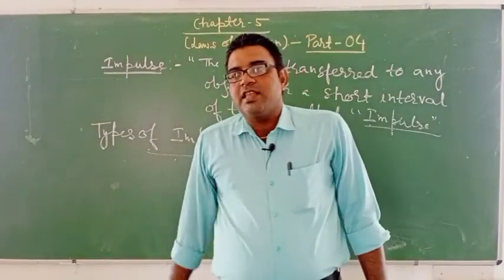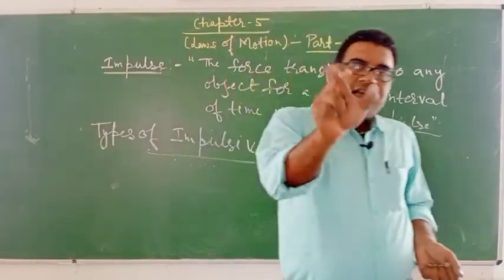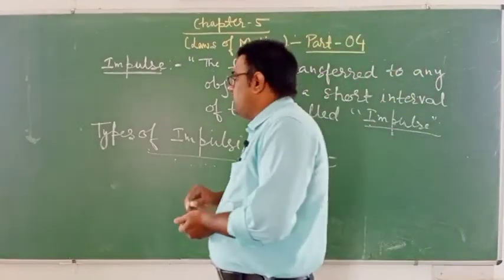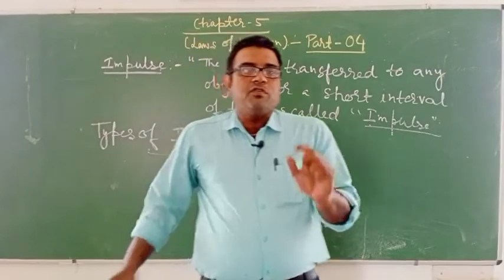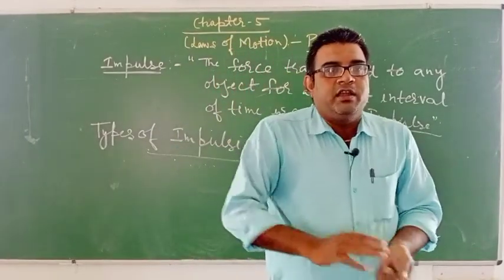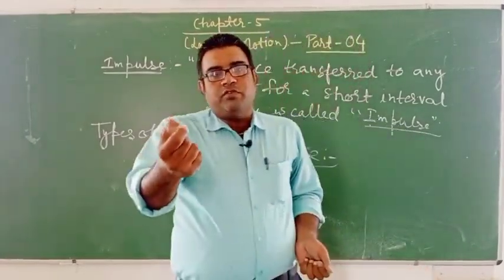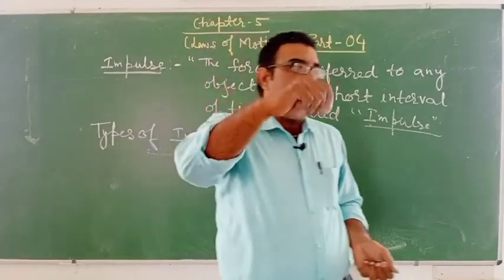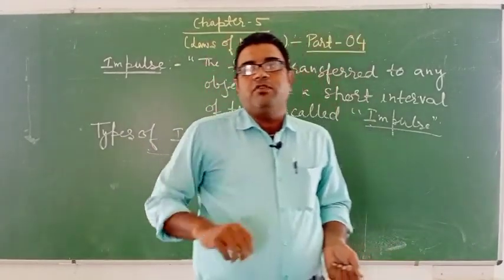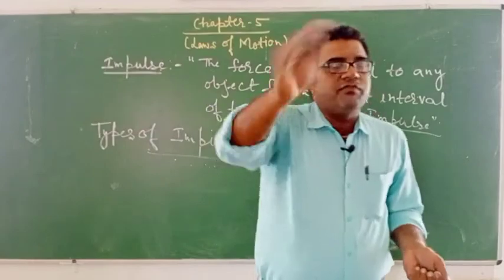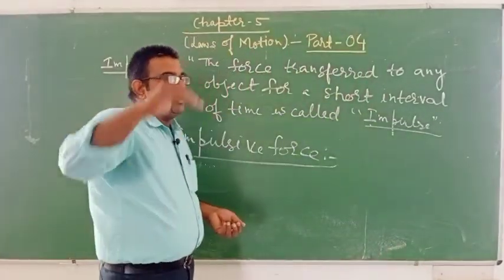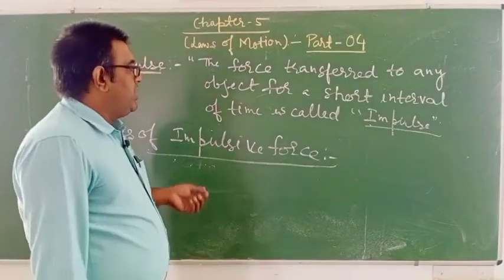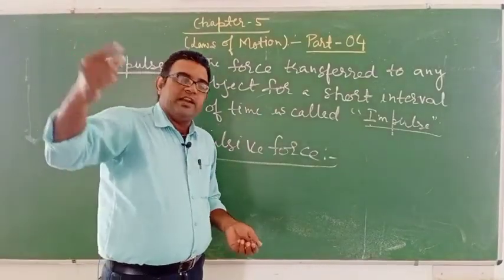The second case is that for the time interval delta t, t1 to t2, the force varies. At t1 the force is 5 Newton, at t2 it is 4 Newton, then 3 Newton. Means the force is of variable nature. In that case, the impulse transferred to the body is due to a variable force.